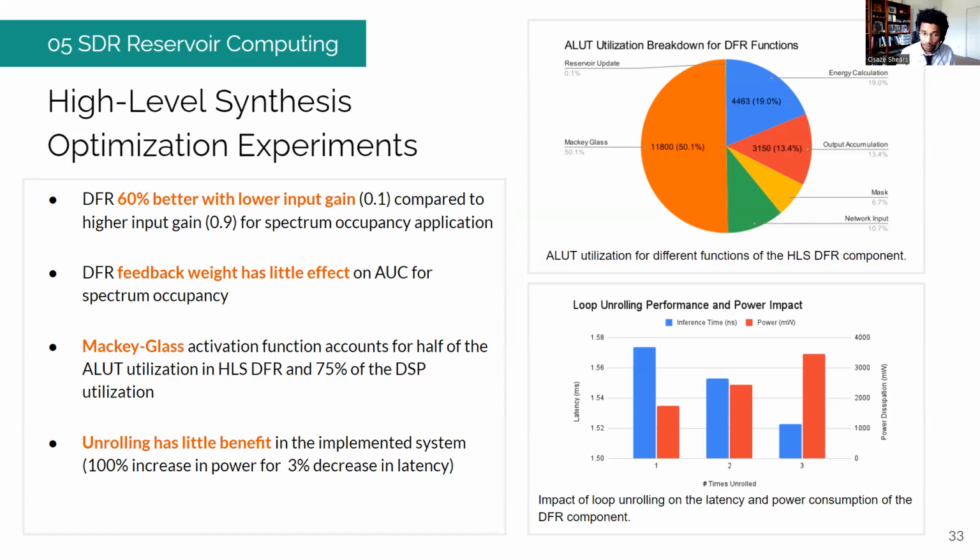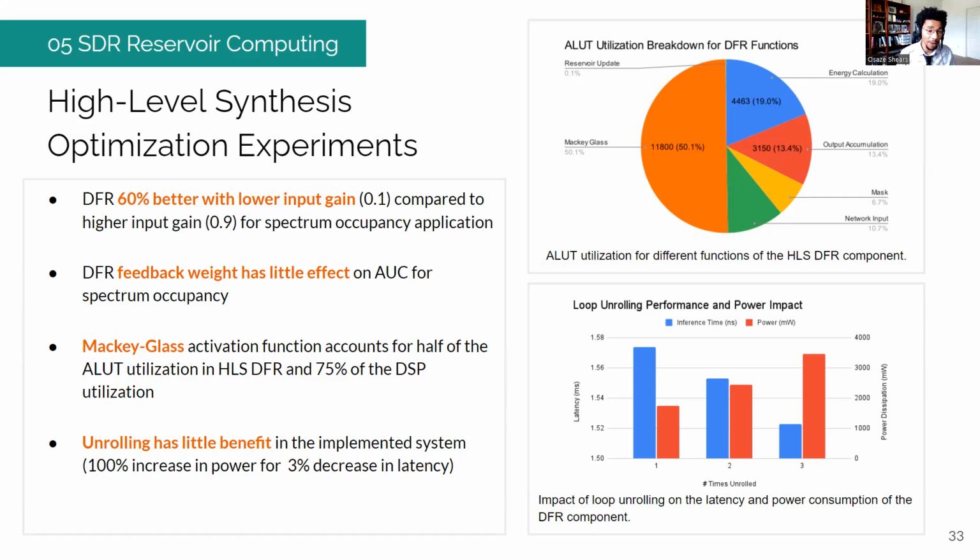What we saw initially from testing this particular implementation was that the input gain for the DFR, which is one of the settings that adjusts how much the input affects the inference prediction versus the feedback, did better by 60% with lower input gain. So that parameter was kept pretty low. The max one that was tested was 0.9, and 0.1 was about the input gain that we specified here.